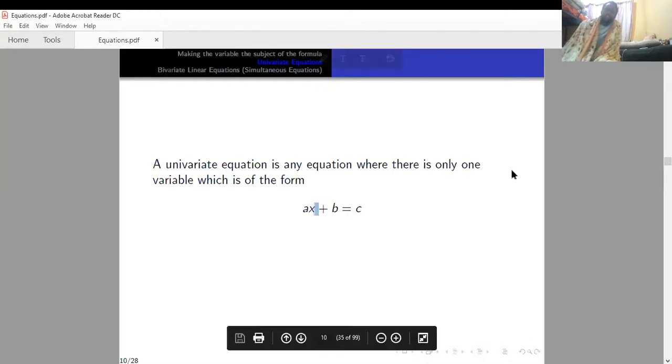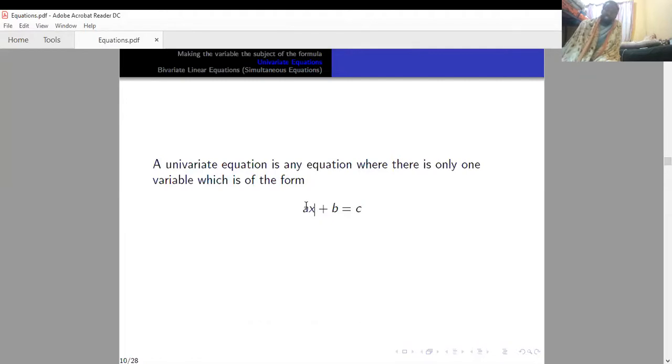Here, notice this variable x. It has a coefficient, which is not x and is not a variable. It has x, and this x has an exponent of 1.